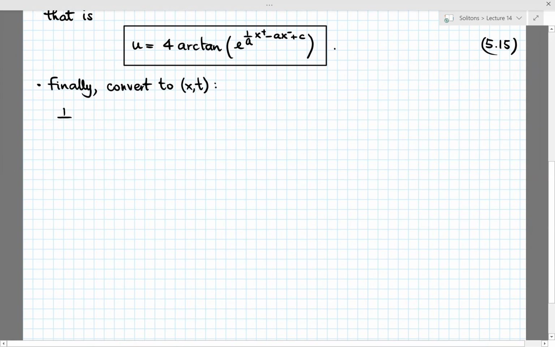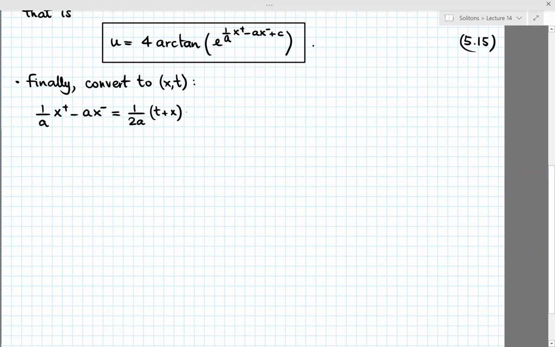So we have 1 over a x plus minus a x minus. I'll drop the integration constant for this calculation. So we get x plus is t plus x over 2. So the first term is 1 over 2a times t plus x. x minus is t minus x over 2. So the second term is minus a over 2 times t minus x.